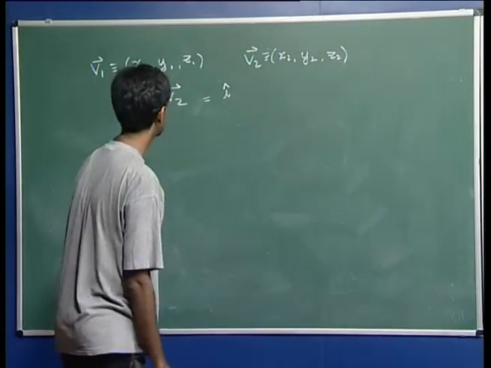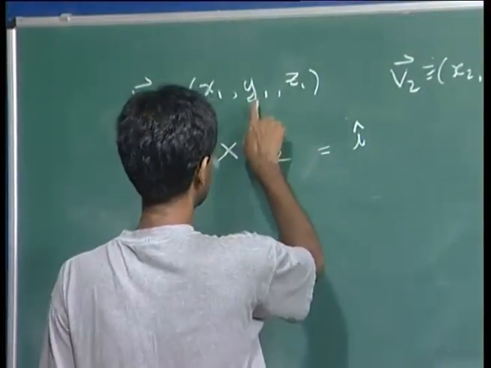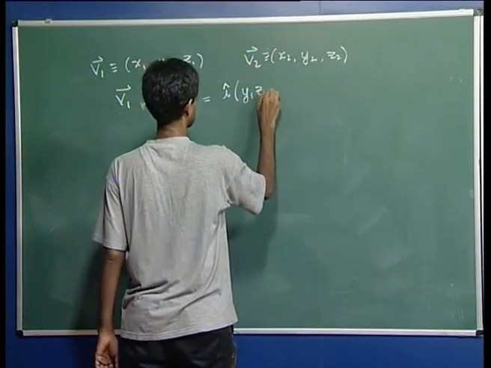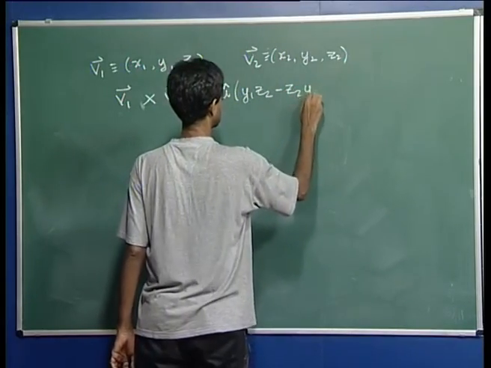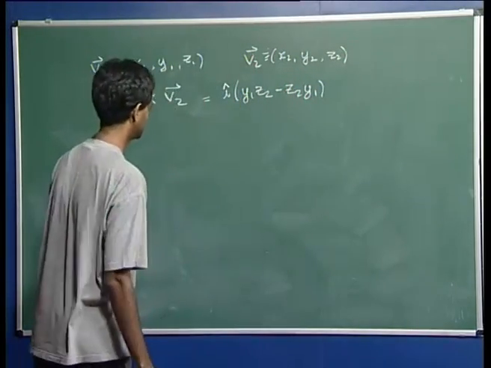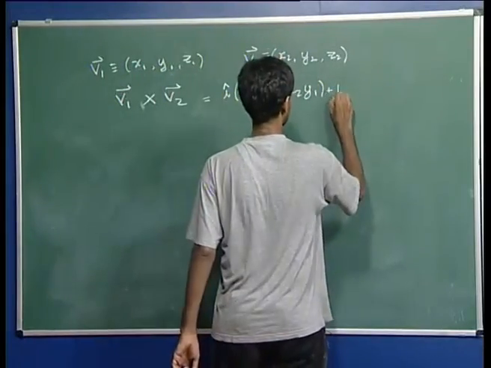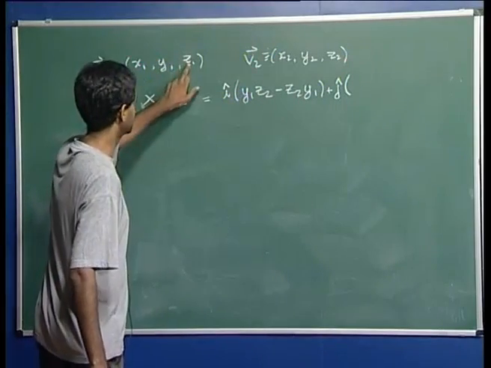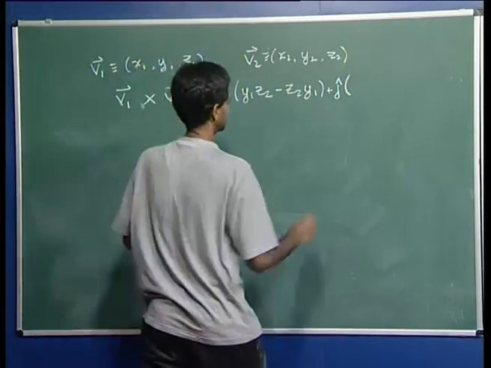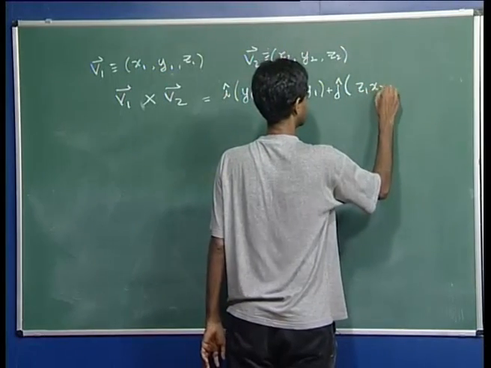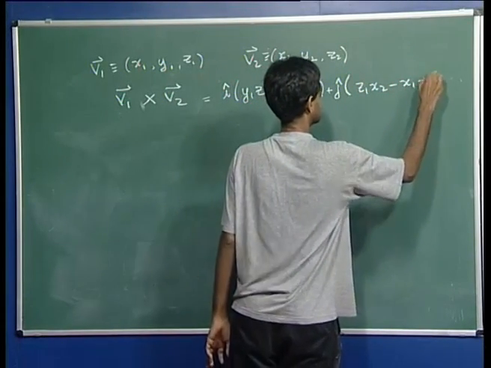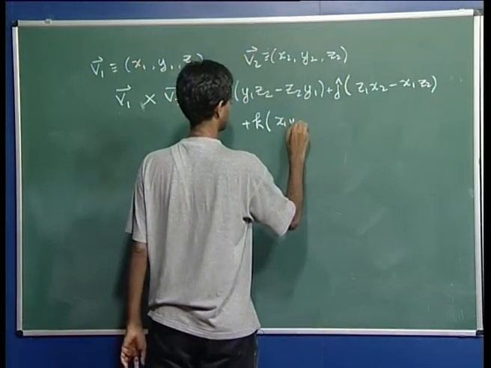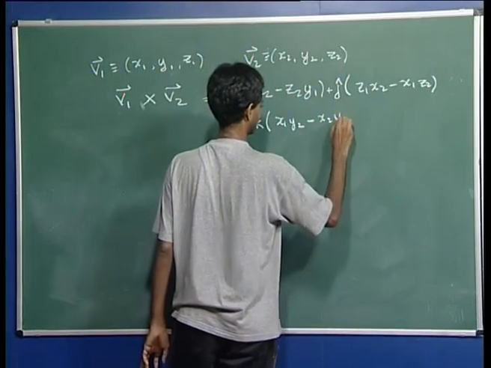The i component is y1 z2 minus z1 y2. The j component is z1 x2 minus x1 z2, and the k component is simply x1 y2 minus x2 y1.